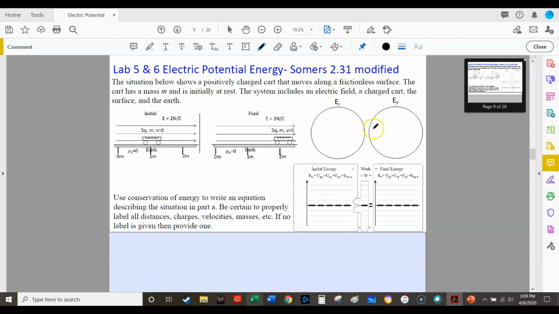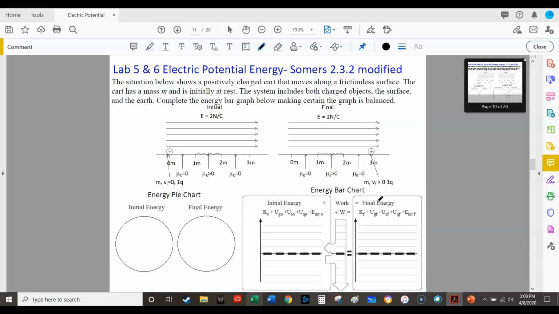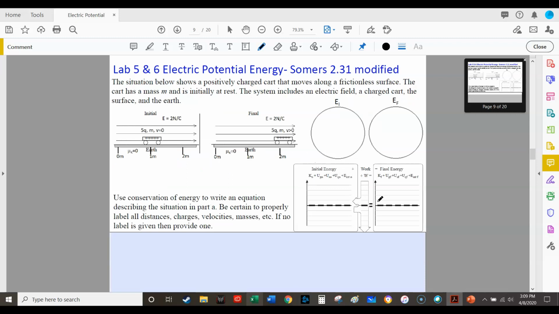So I'm going to go ahead and copy down what we did before. Okay. All right, let me do a better job at copying down what we did before. So we had final kinetic energy that had 2 blocks, and we had this as K final.